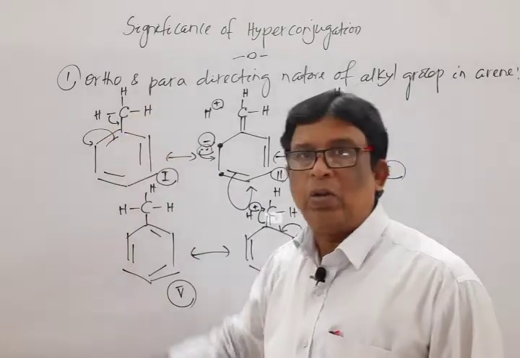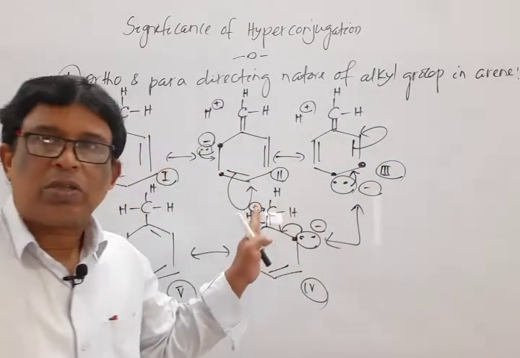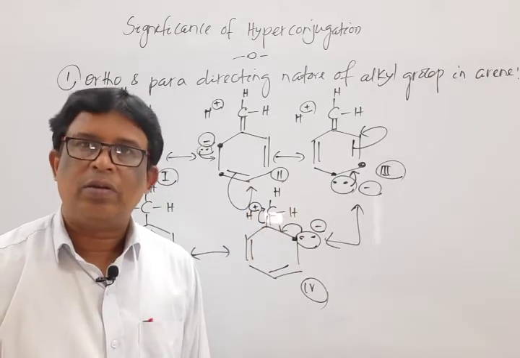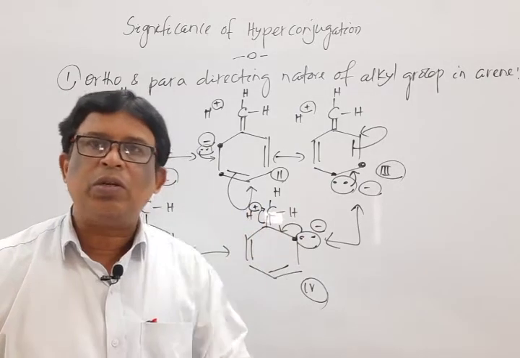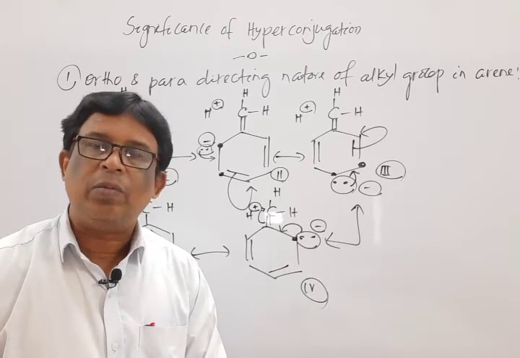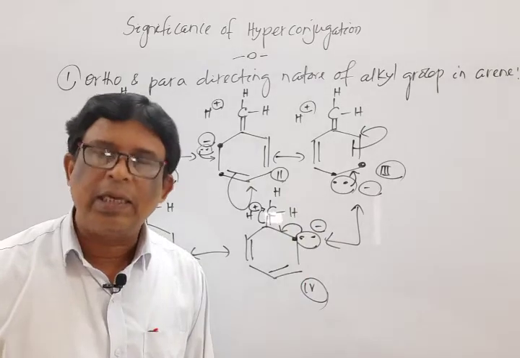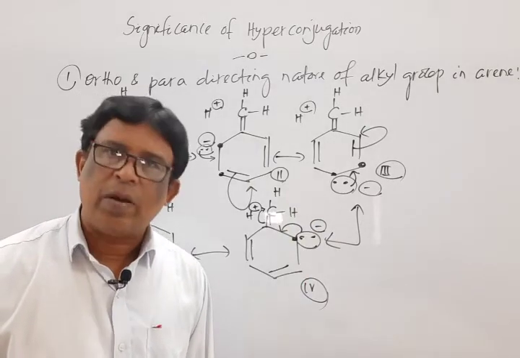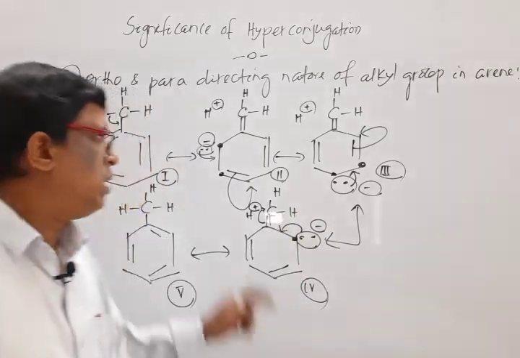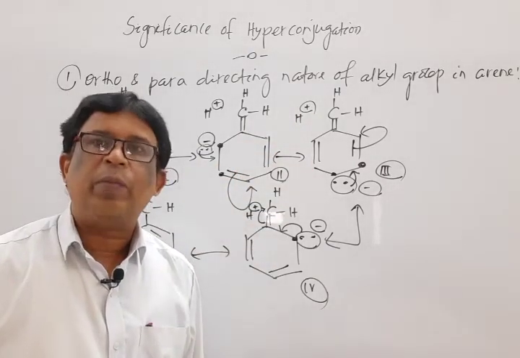The other 2 alpha hydrogen atoms give 6 more resonating structures, and in each of them the electron density is available at the ortho and para positions. So the attacking reagent attacks the ortho and para positions. That's why we say that an alkyl group when attached to an arene is ortho and para directing.